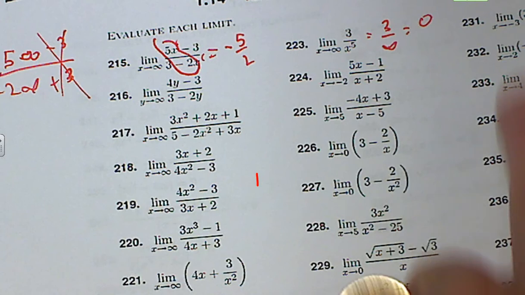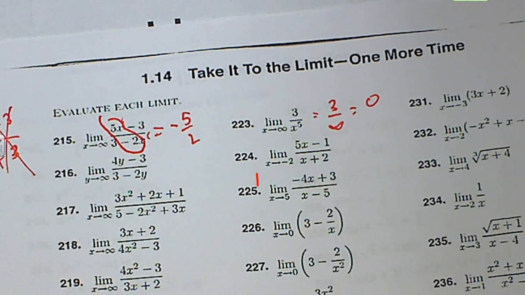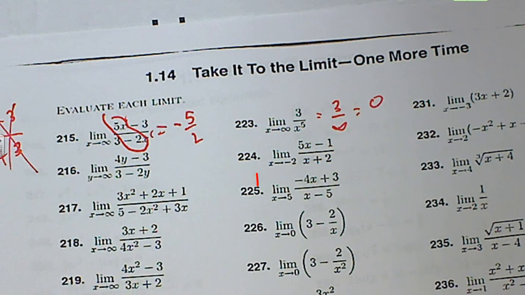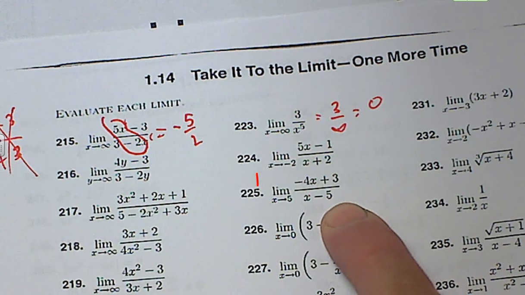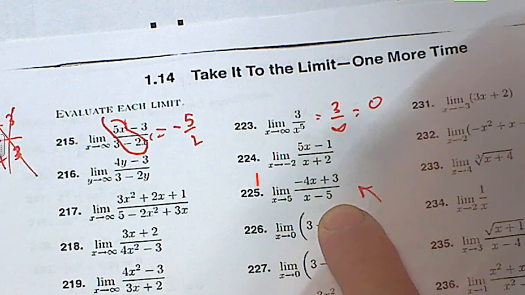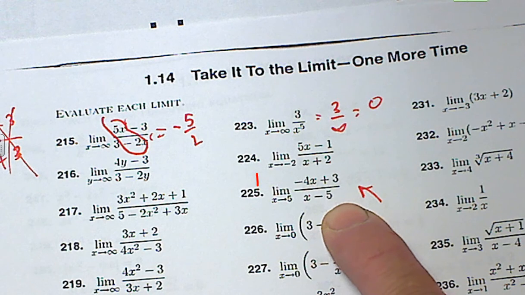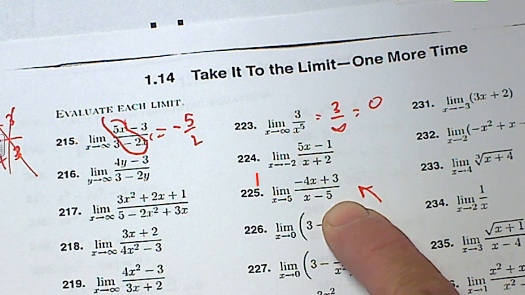So this one, let's look at this one right here. What's happening here? Ooh, we're approaching 5, so just plug in 5. This is not approaching infinity.